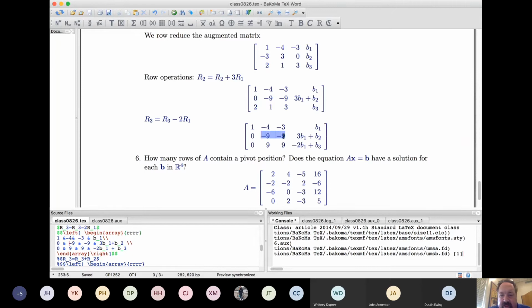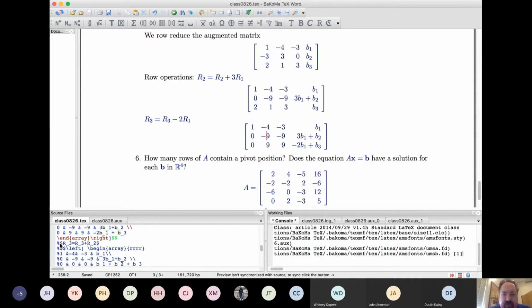Notice if we look at the matrix entries, just focus on the 9s and minus 9s. So forget the right-hand side. These rows are parallel to one another. They're just negations of each other. So all we'd have to do is add these rows together, and therefore add these together also, to perform the final row operation.